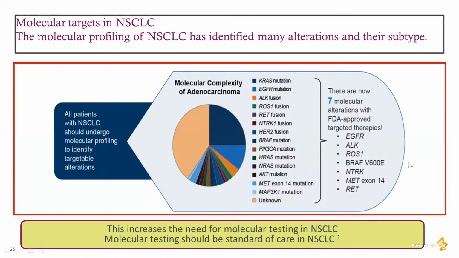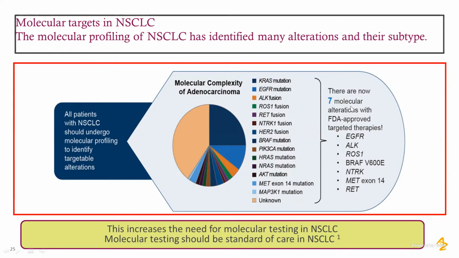These are the molecular targets in non-small cell carcinoma. Molecular profiles in adenocarcinoma include the KRAS mutation, EGFR mutation, ALK fusion, ROS1 fusion, RET fusion, MAP3K1 mutation, and unknown. There are certain unknown mutations also.